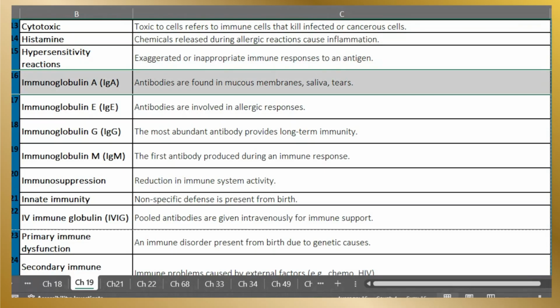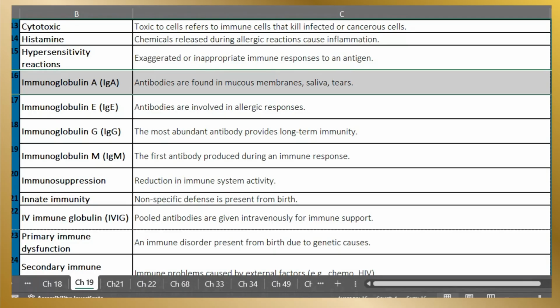Next, we have immunoglobulin A, the IgA. I think I talked on the previous one when we talked about the cells, A as in apples, and you think about the breast milk.